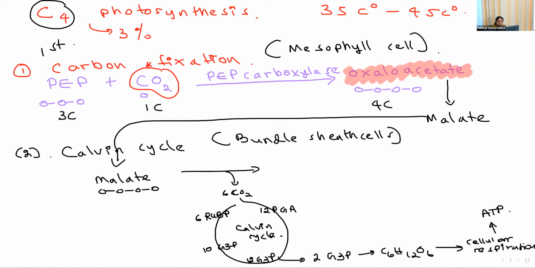Write down Rubisco. C4 use Rubisco again. But they're not using Rubisco in the mesophyll, they're using it somewhere else, away from oxygen. Rubisco is only seeing carbon dioxide, it's not going to see any oxygen.